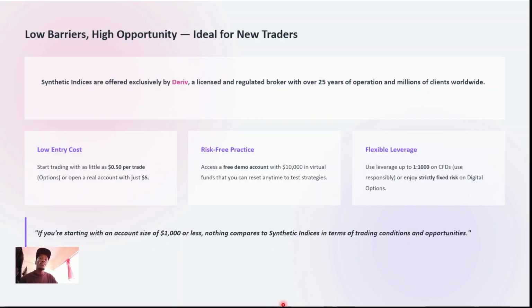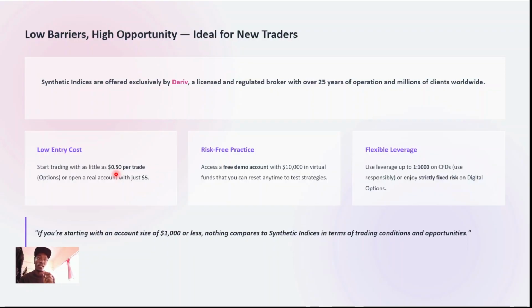So let's get into it. You can start trading with as little as $0.5 per trade on options trading. Deriv offers options trading and you can also trade CFDs.